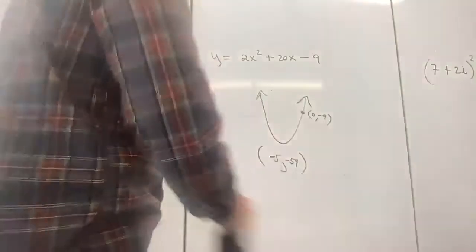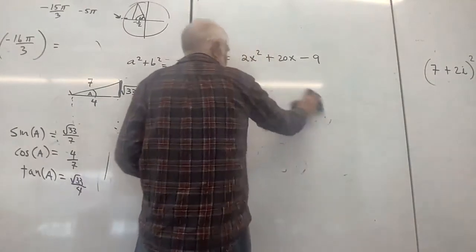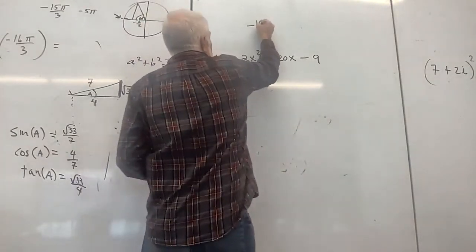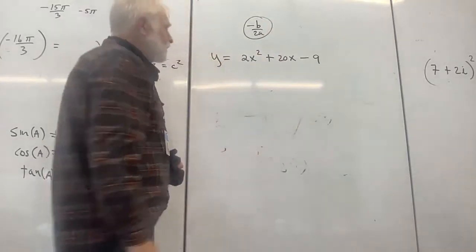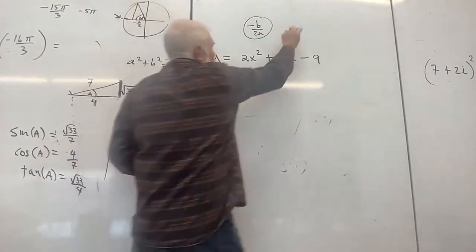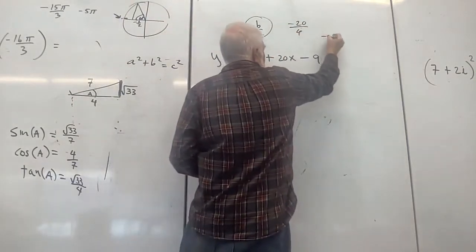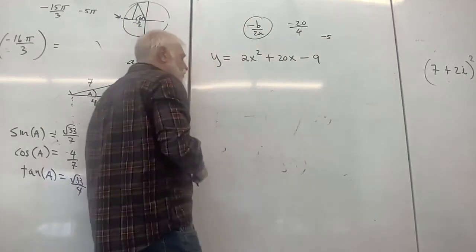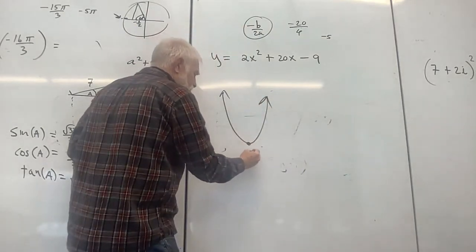How did you do this problem? Well, let's see how you might have done it. Hopefully, minus b over 2a kicked into your noggin. Minus b, minus 20 over 2 times a, 4. There's the number negative 5. Oh yeah, we did say that this had a negative 5.